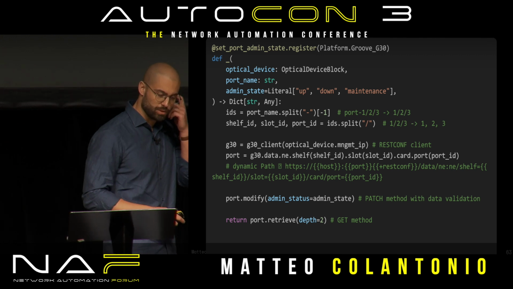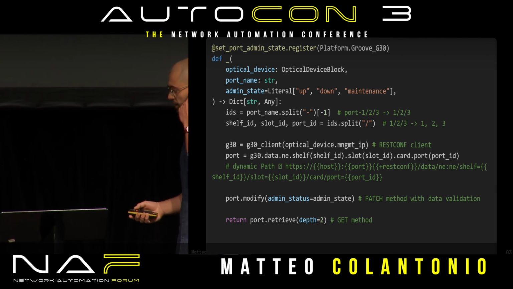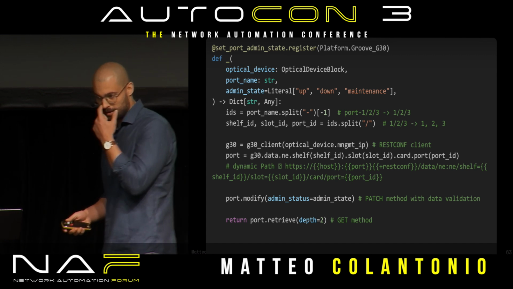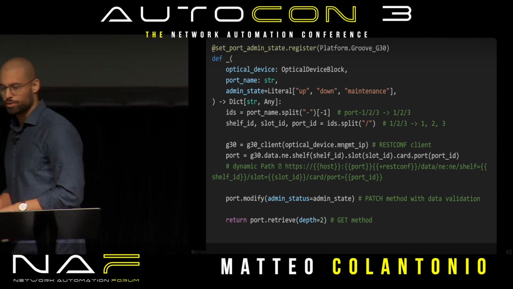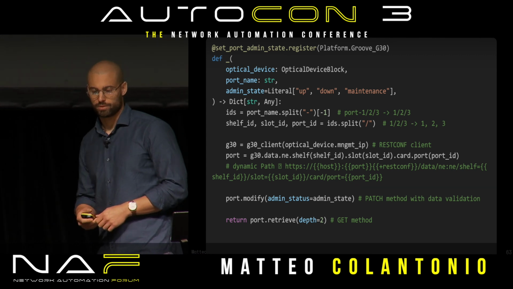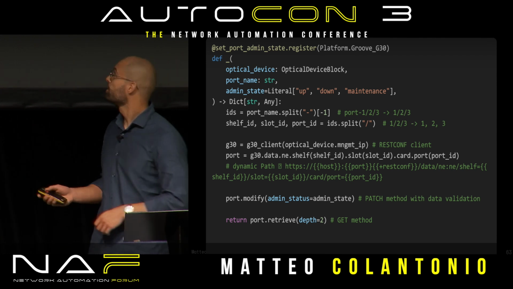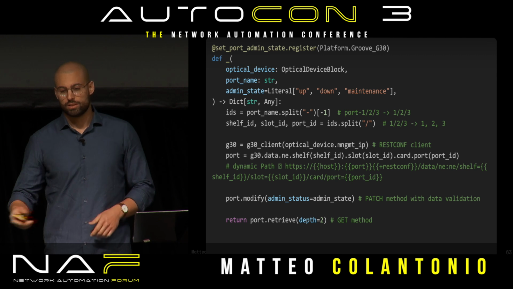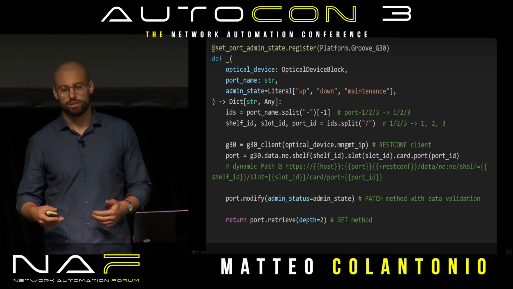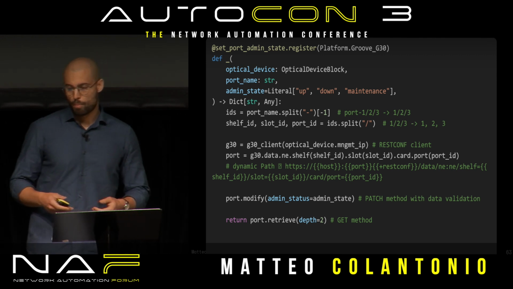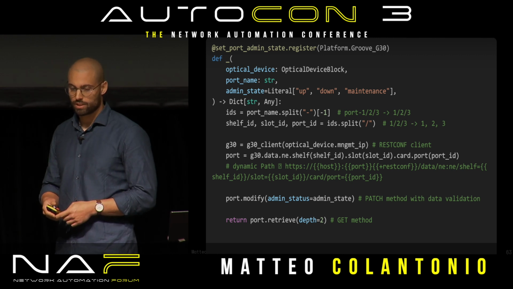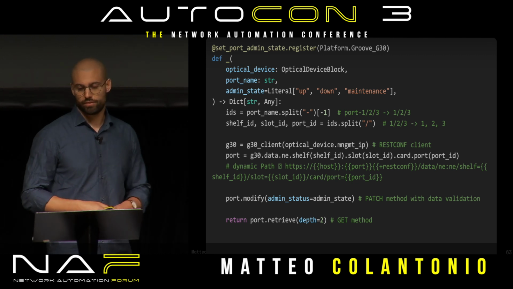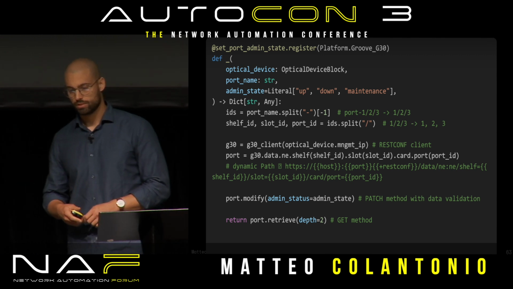So let's see one implementation of the function we saw before for a specific platform. Here the port name is just a string, so we have to take out shelf ID, slot ID, port ID. Then we call a client we developed, in this case a RESTconf client. In this device, we find the port we are looking for.